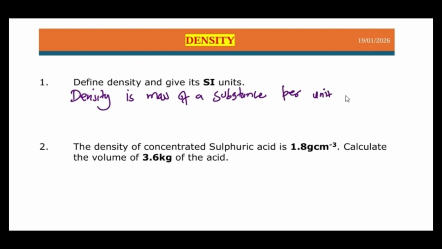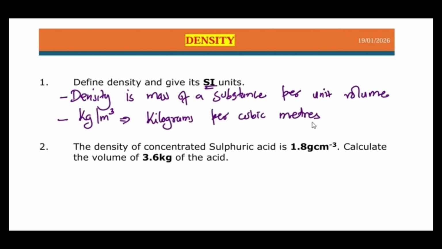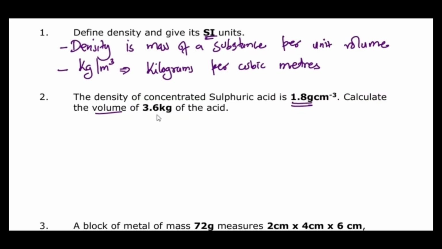That is the definition of density. Then the SI unit is kilograms per cubic meter, which can be written in long form, kilograms per cubic meter, or kilograms slash meters cube.